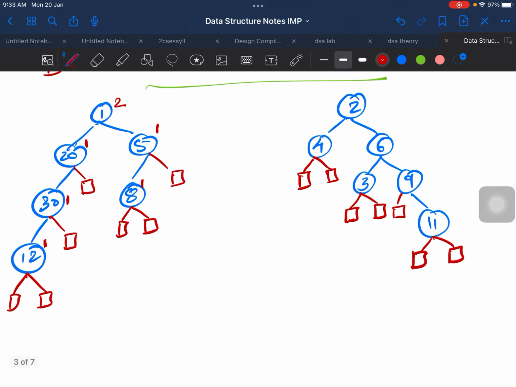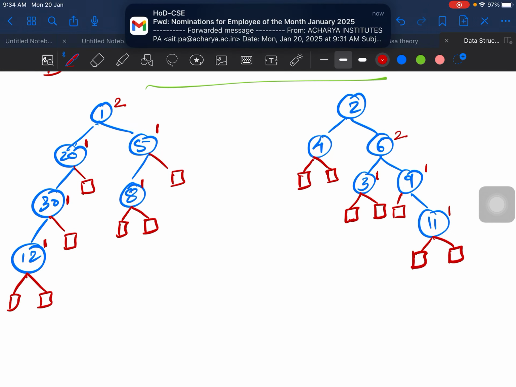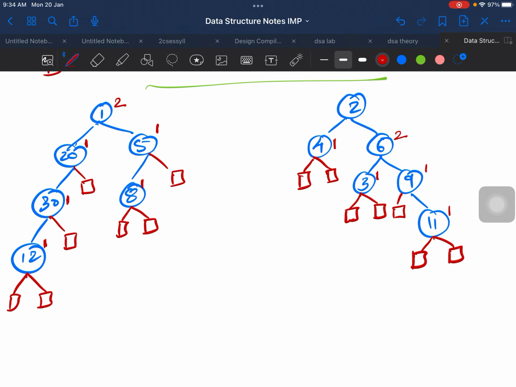Now come to the second tree, guys. In the second tree, come to 11. 11 has S value 1. 9 has S value 1. 3 has S value 1. 6 has S value 2. Okay, because both children of 6 have S value 1, 1. So that's why 2. Then come to node 4. The S value is 1.